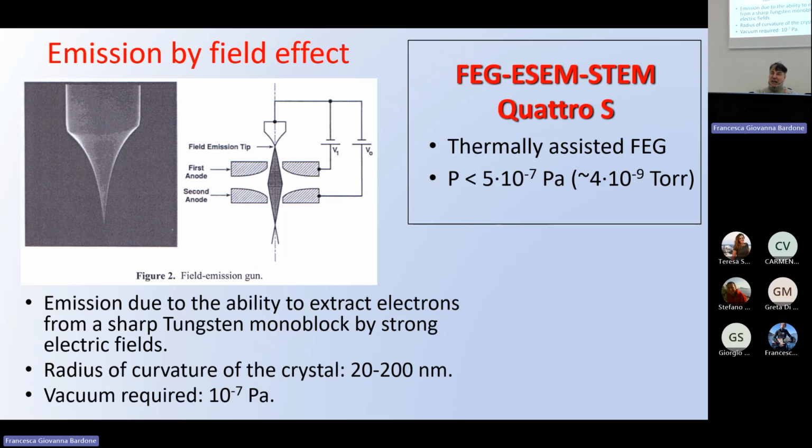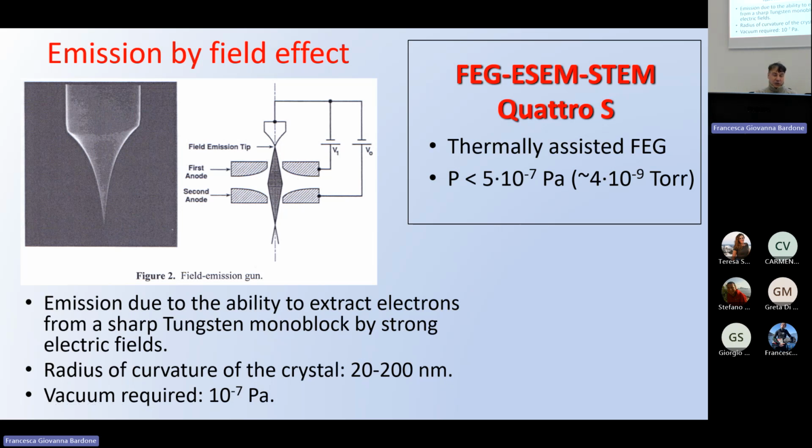You apply a very, very high voltage, and the voltage is so high that the electrons from the crystal escape, because they are extracted away by the high electric field you have created.